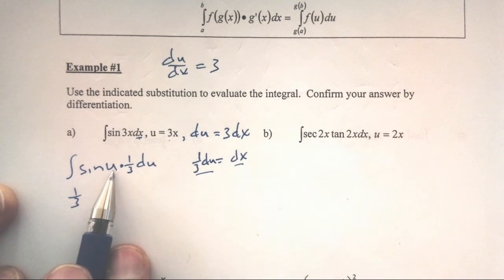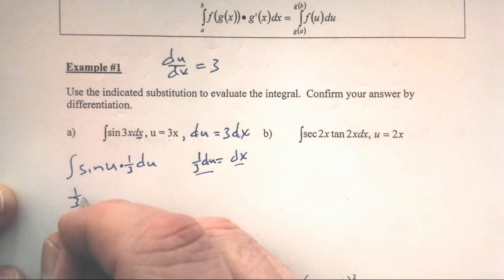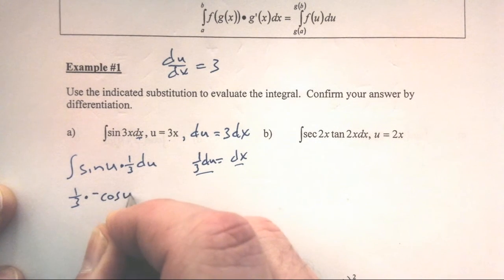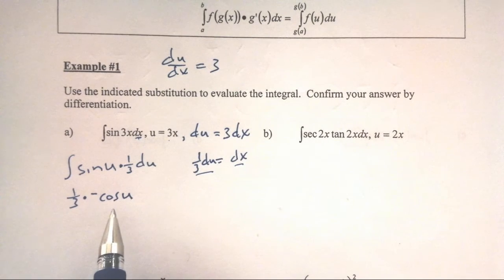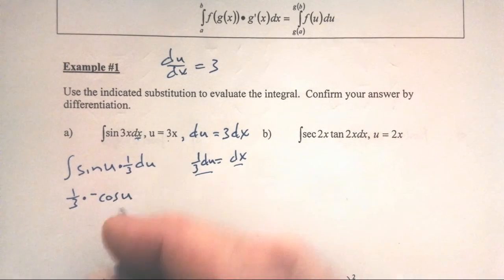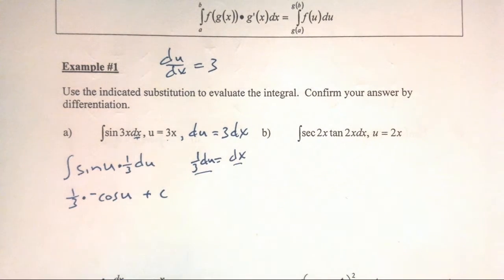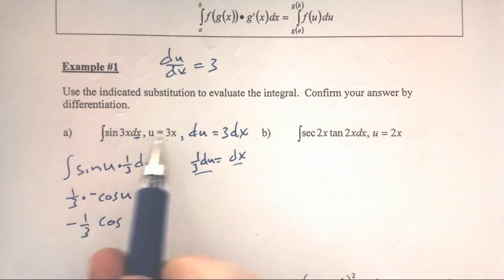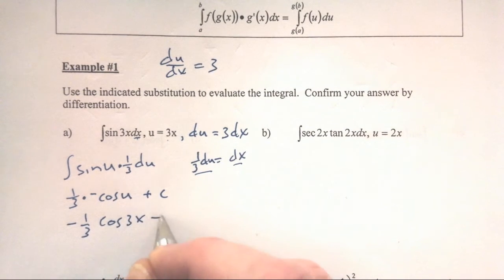The integral of sine is negative cosine. Take a look. If I take the derivative of cosine, I get negative sine, so I need the opposite of that. And then we go plus the constant. So I end up with negative 1/3 cosine of what was u? U was 3x, plus c.